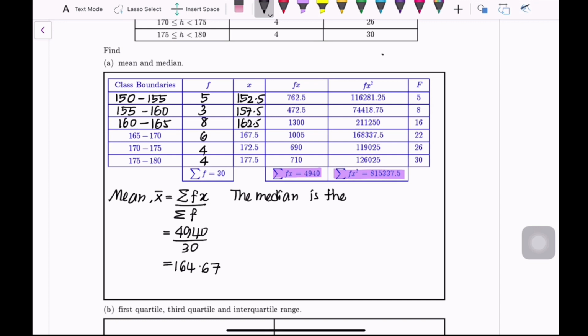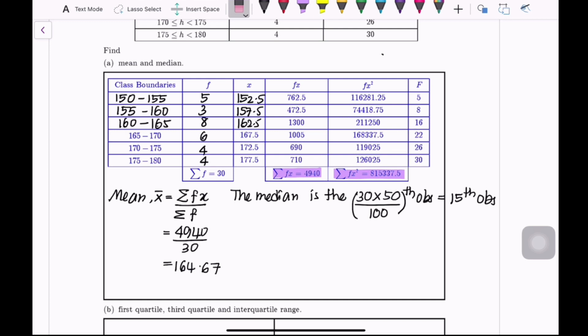The median is 30 times 50 over 100, because the median is P50, observation, so it is equal to the 15th observation.